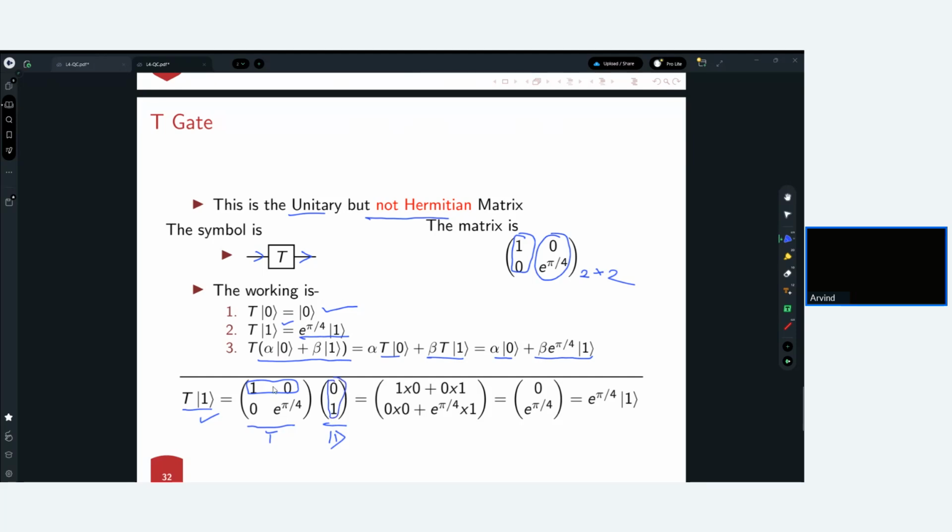So 1 times 0 is 0, and 0 times 1 is 0. So the first term becomes 0, then second, 0 times 0 becomes 0, and e to the power of i pi by 4 times 1 becomes e to the i pi by 4. So this is the resultant matrix when we apply T to ket 1. So the output is e to the power of i pi by 4 times ket 1.